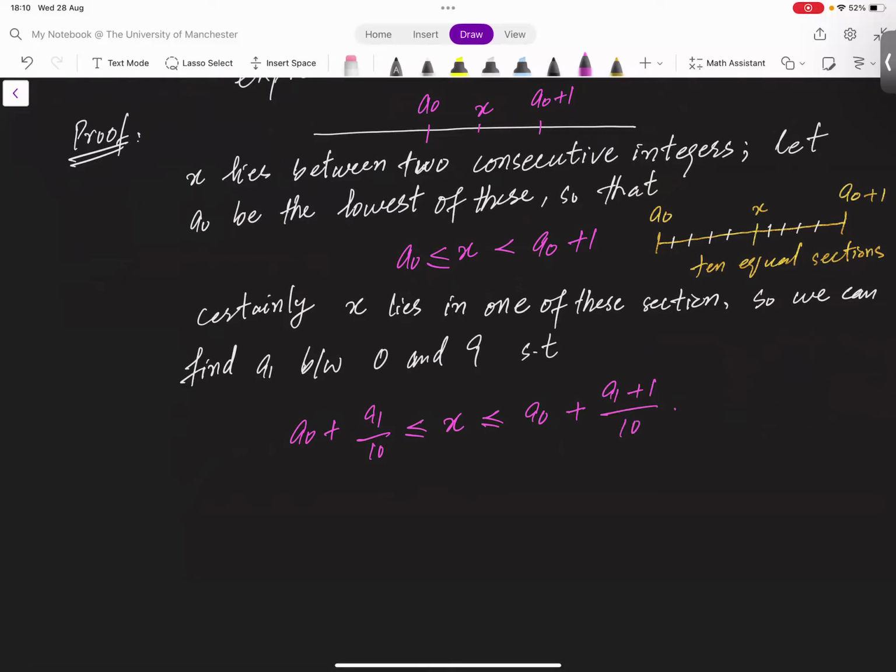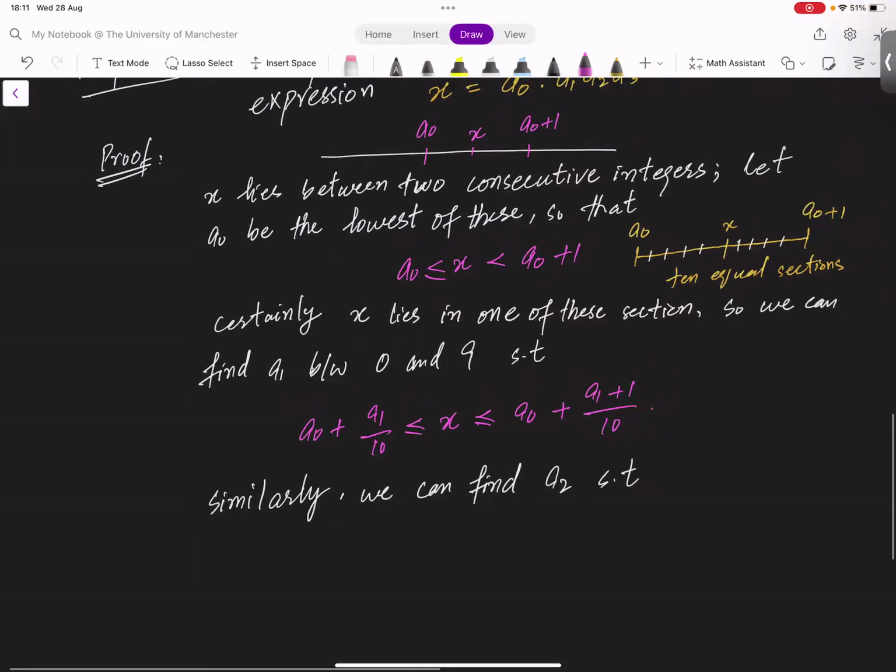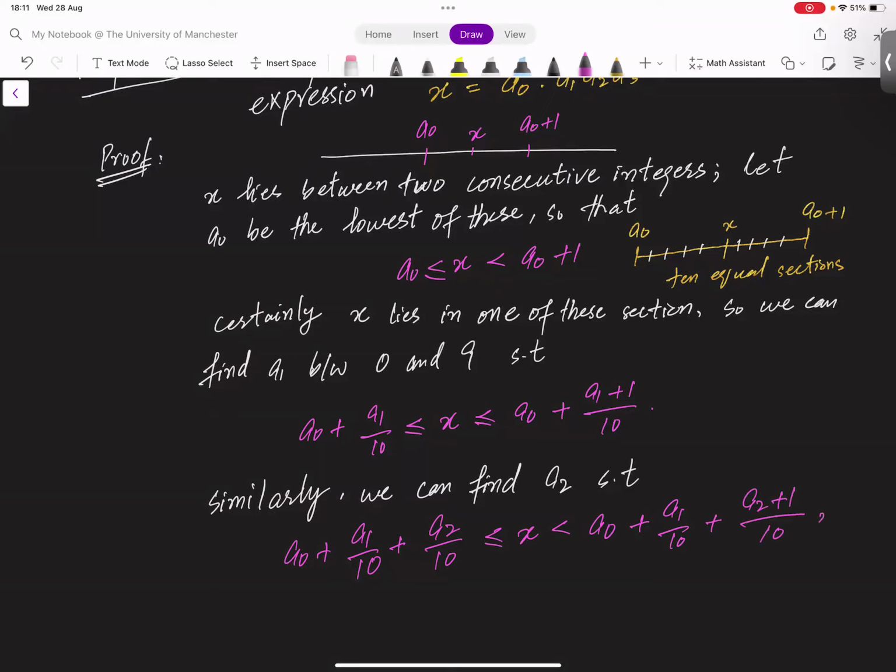Similarly, we can find a2 such that a0 plus a1 over 10 plus a2 over 10 squared is less than or equal to x, and x is less than a0 plus a1 over 10 plus a2 plus 1 over 10 squared, and so on.